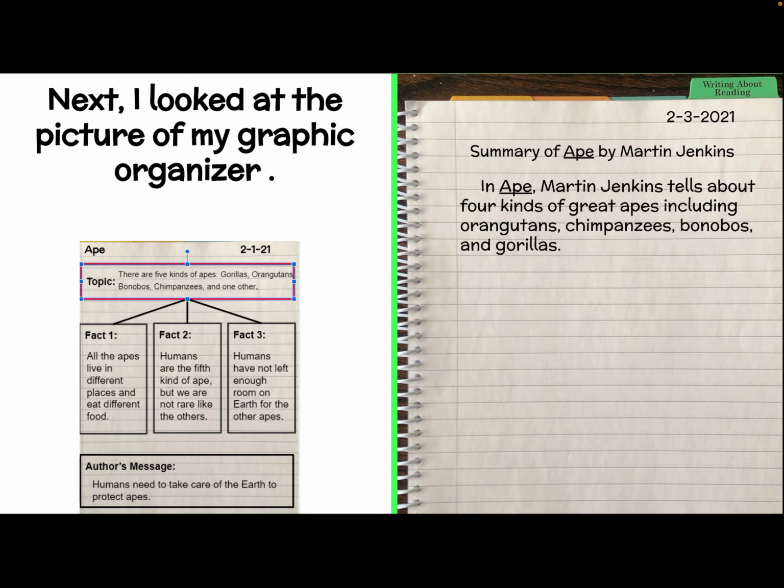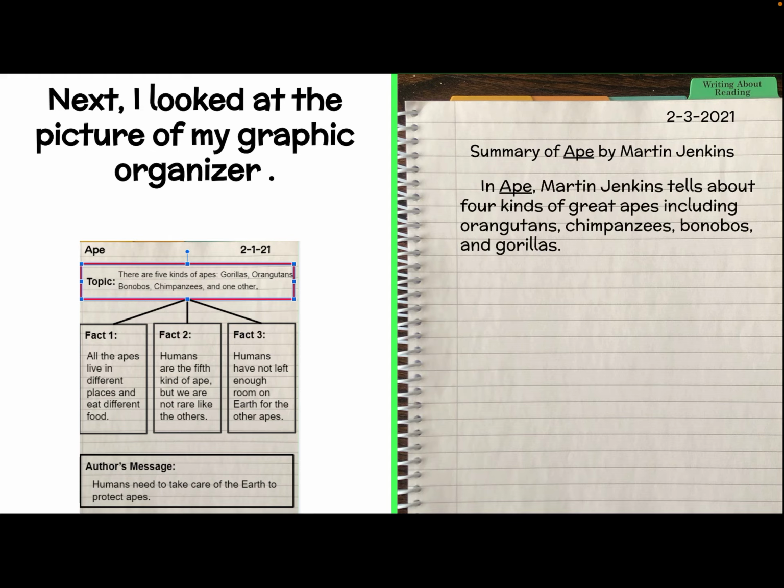Now, there's a couple of things that I want you to notice about my first sentence. The first thing is that I have indented it, or made a small space in between the margin and my first word. Remember that good writers indent when they're writing paragraphs. Also, take a look at where my words are on the page.